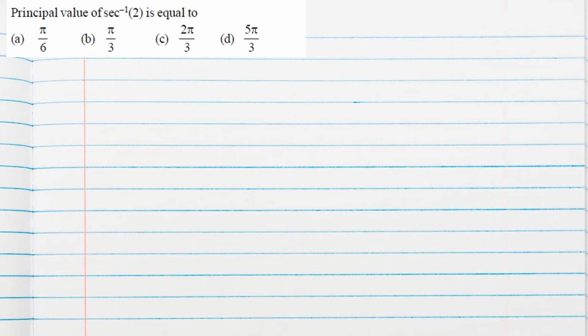Next question is principal value of sec inverse 2. So we can convert this into cos inverse 1 by 2. See, we can solve directly also, but some students convert in terms of sine and cos, because we know all the basic standard angles of sine and cos very perfectly, isn't it?